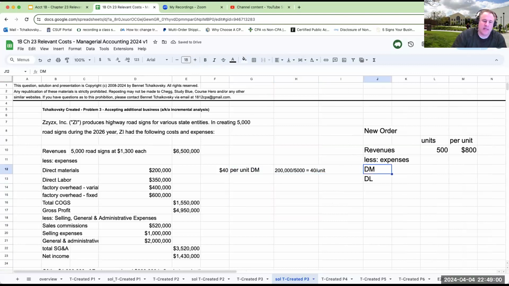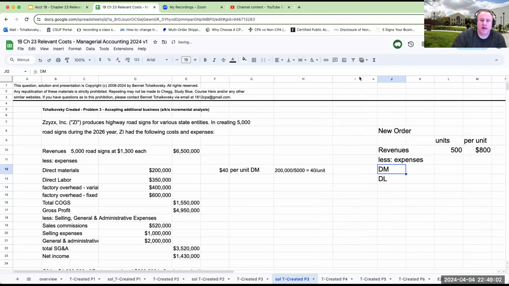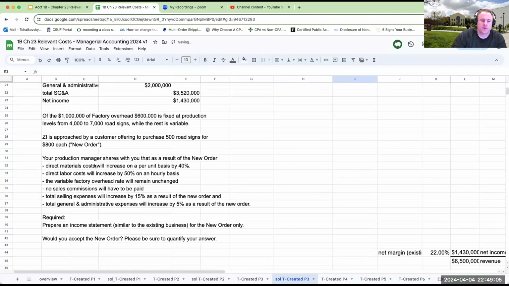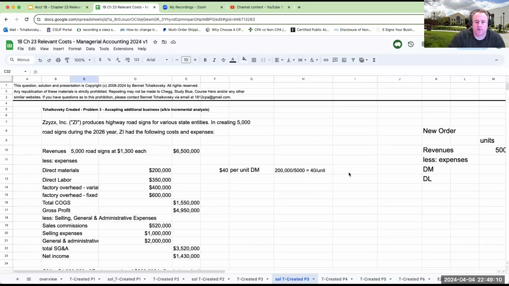So it tells us that the cost of the direct materials is going to increase on a per unit basis by 40%. So the new per unit, it's increasing by 40%. So if I multiply this by 1.4, I get 56.